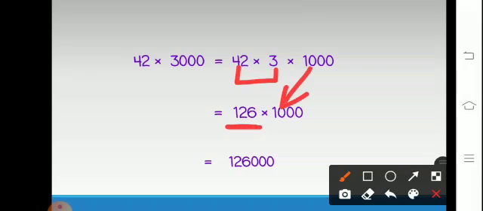Now multiply 126 and 1000. It's a shortcut method. Just add these 3 zeros to 126, so you get this number. This is the product.